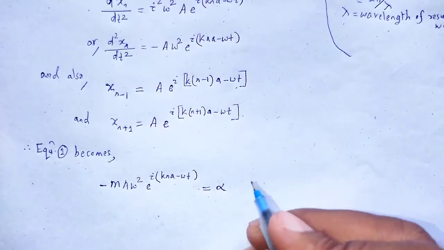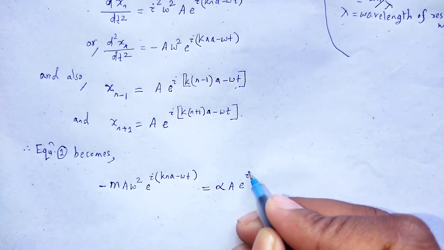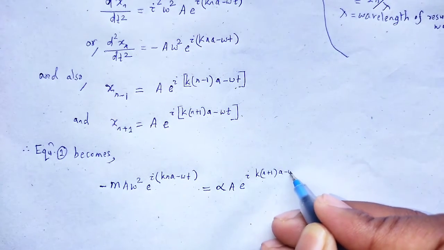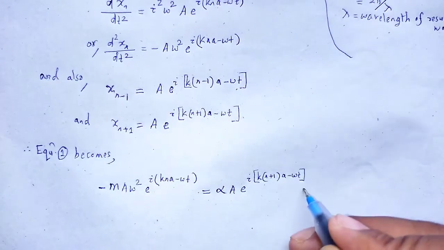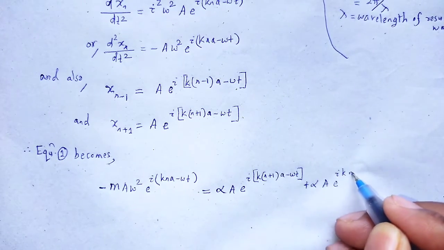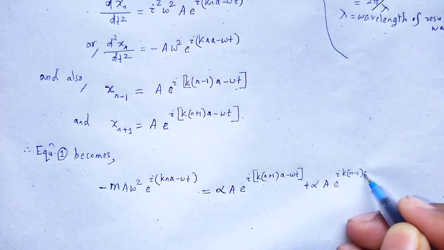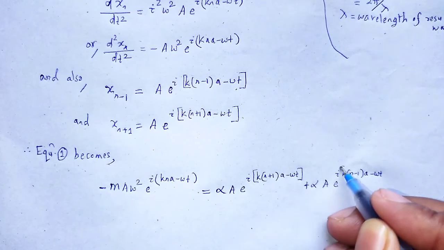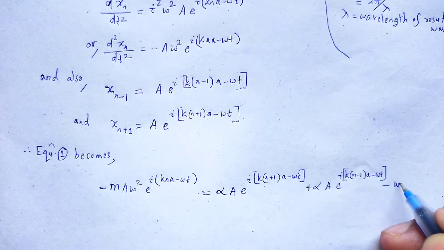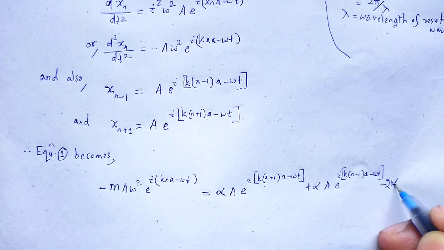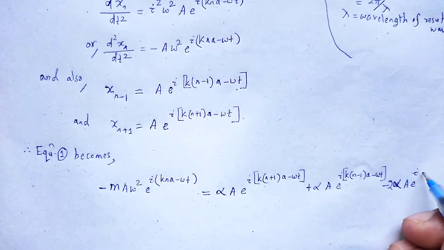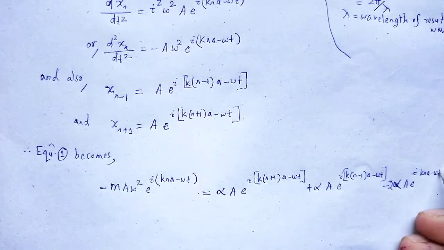First one alpha A e to the power i(k (n plus 1) a minus omega t) plus alpha A e to the power i(k (n minus 1) a minus omega t) minus 2 alpha A e to the power i(k n a minus omega t).